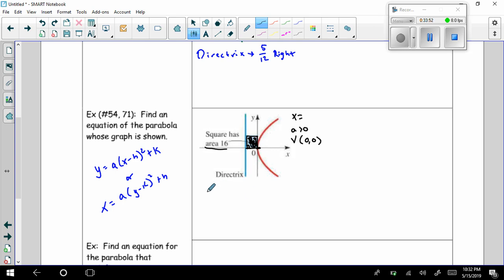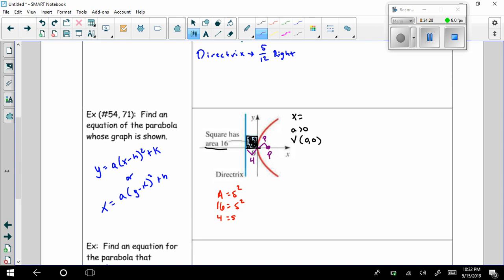Well, you find area of a square, if you remember, area is equal to the side length squared. So 16 is equal to s squared. So s is equal to 4. We don't need plus or minus here, because what that tells us is that this distance right here is 4, which means that this p distance up here would also be 4.